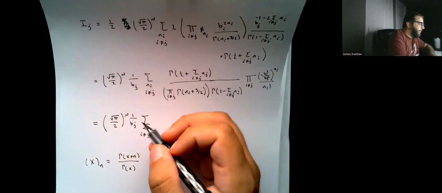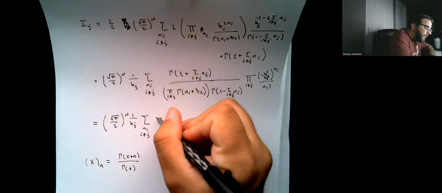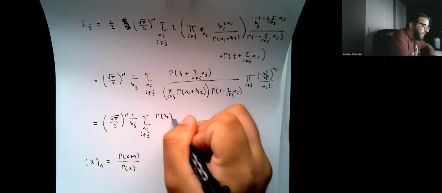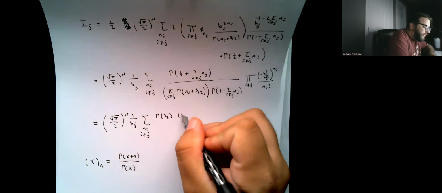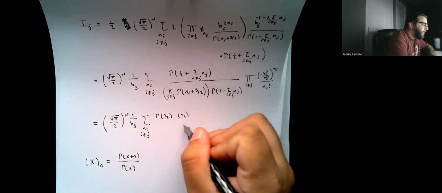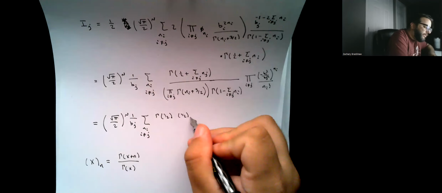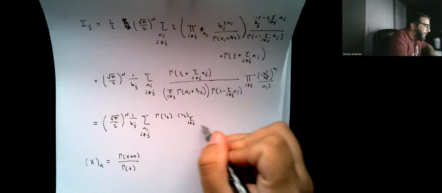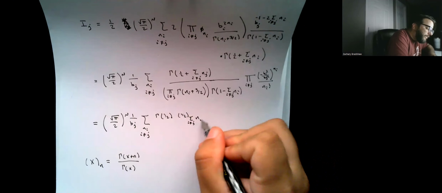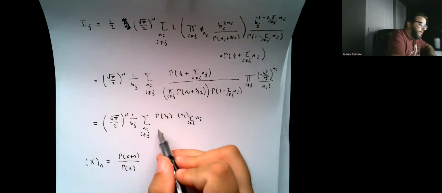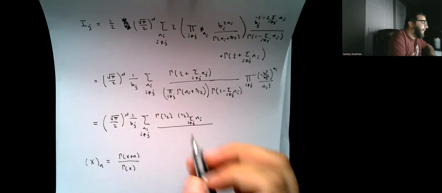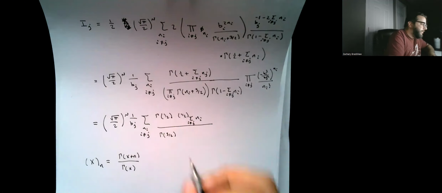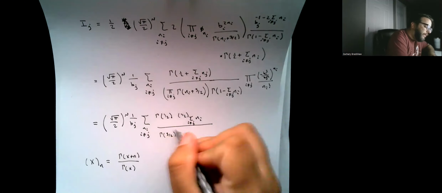So we can write it as gamma of 1/2 times the Pochhammer symbol of 1/2 with subscript the sum over i not equal to j of ni, divided by gamma of 3/2 to the n minus 1 power.